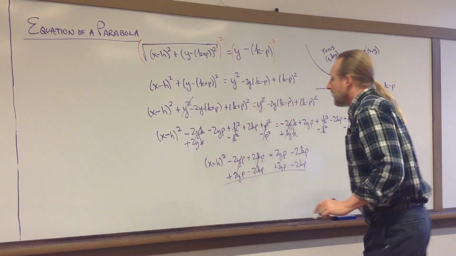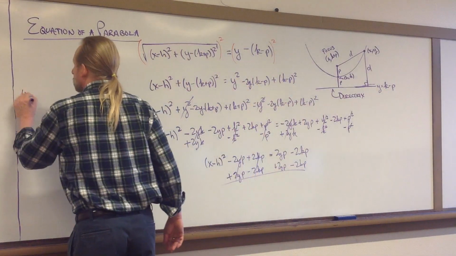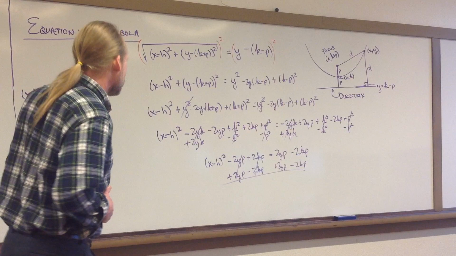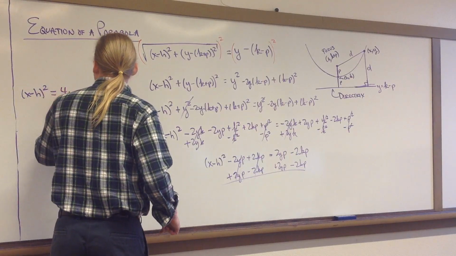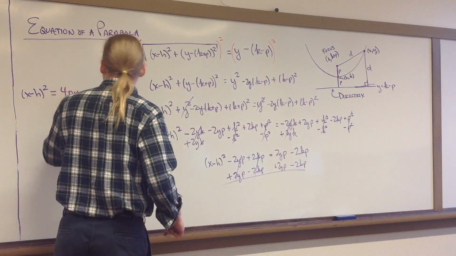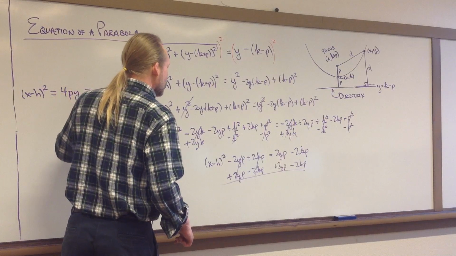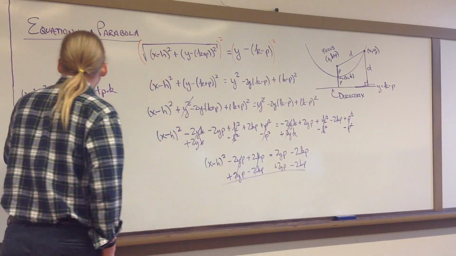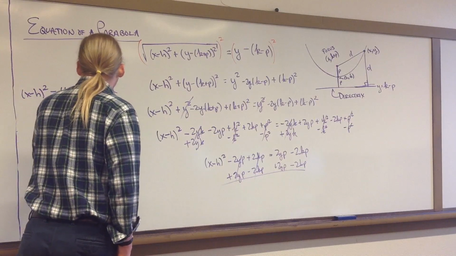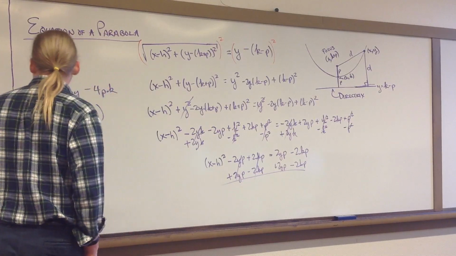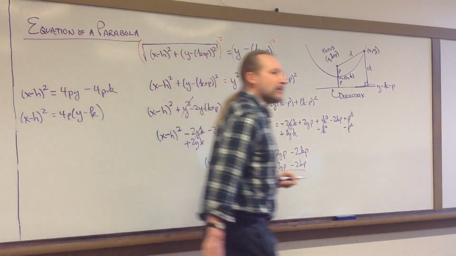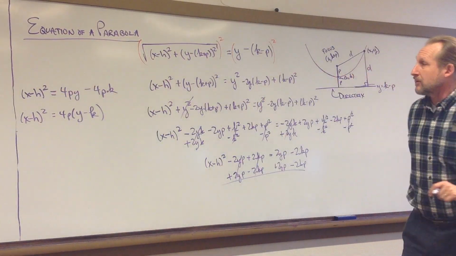Those cancel each other out. And so we get x minus h all squared equals 4py minus 4pk. So let's factor out the 4p: 4p times y minus k. That's the standard equation for a parabola.